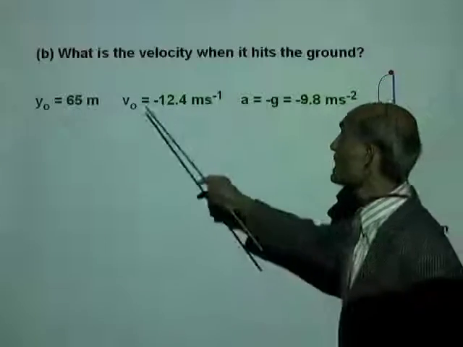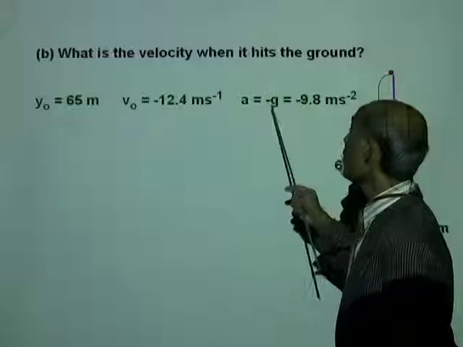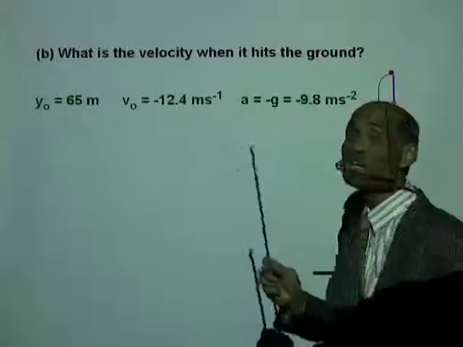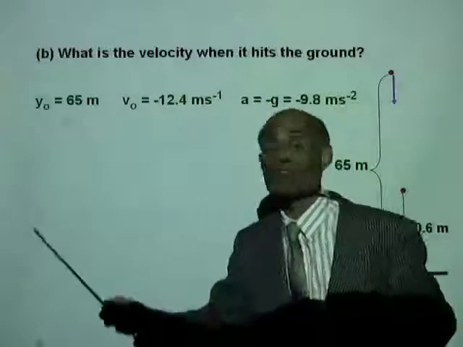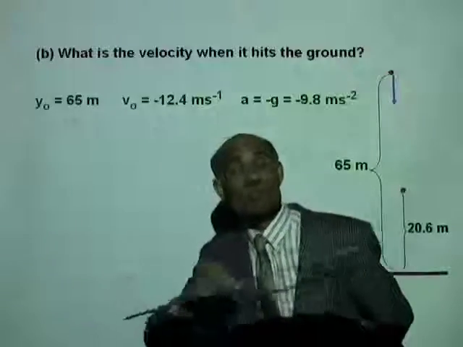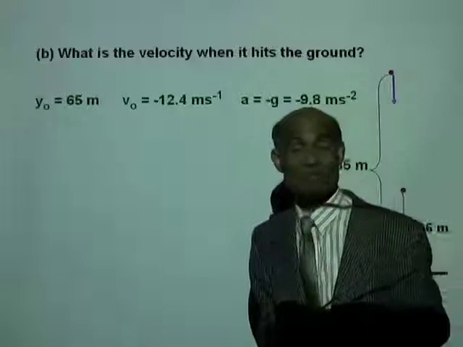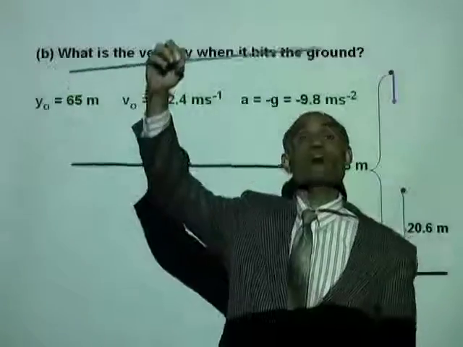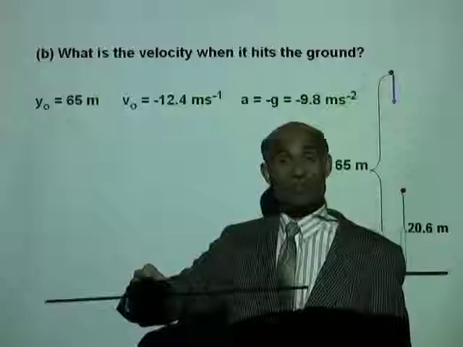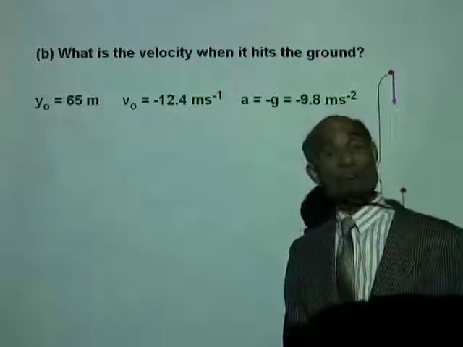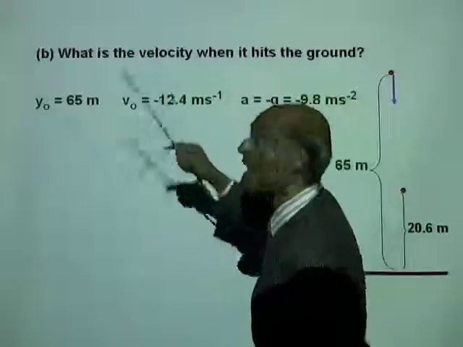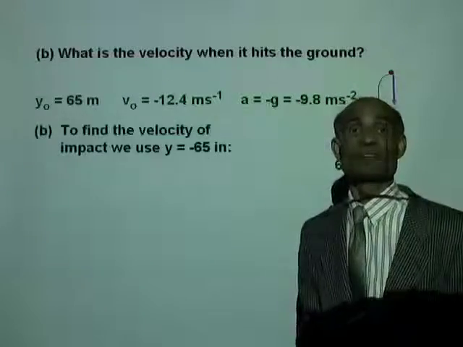Well, we know the initial velocity, we know the acceleration, we need to find the final velocity, we know the displacement. Do we know the displacement? Yes. It traveled from y0 equal to 65 to y equal to 0. Can you figure out an equation that can be used here to find the velocity at the end when it hits the ground?